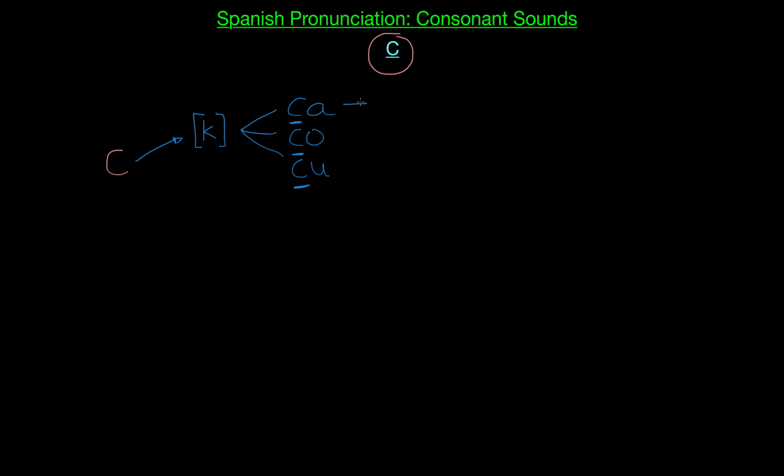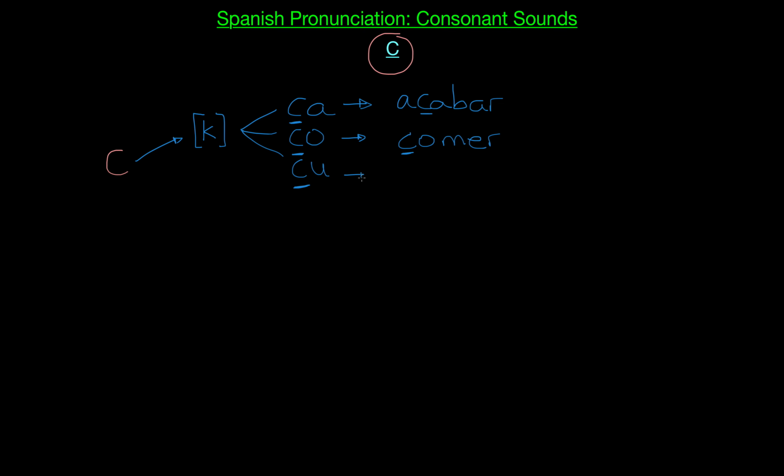So let's have a look. An example of a word with ka would be, for example, acabar, to finish, acabar, okay? An example of ko would be, for example, comer, to eat, comer.